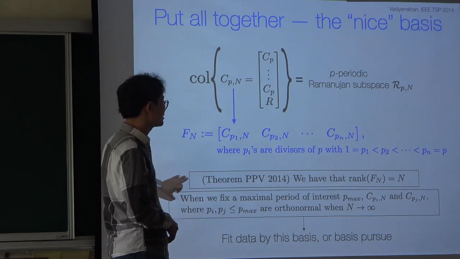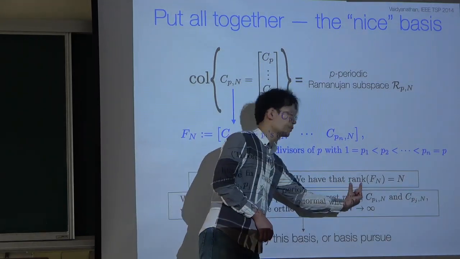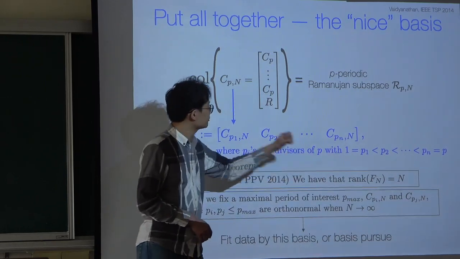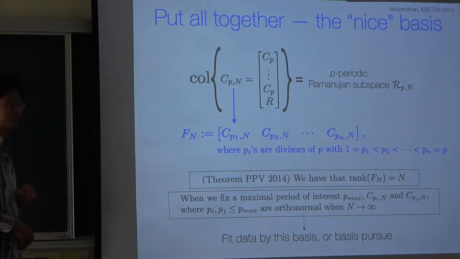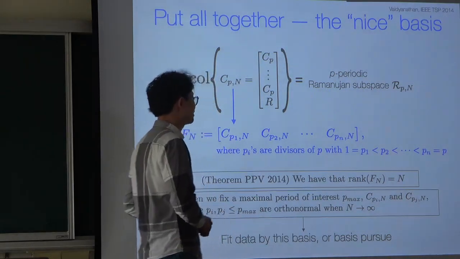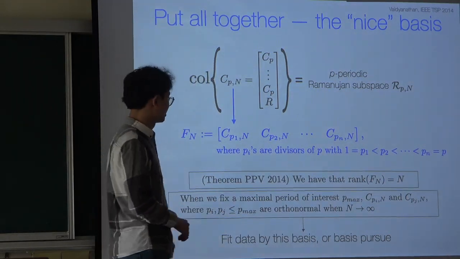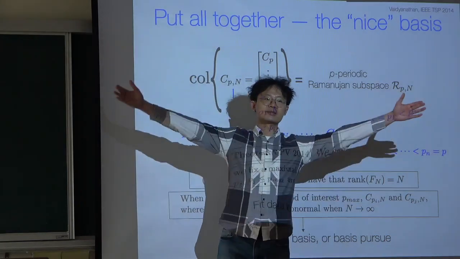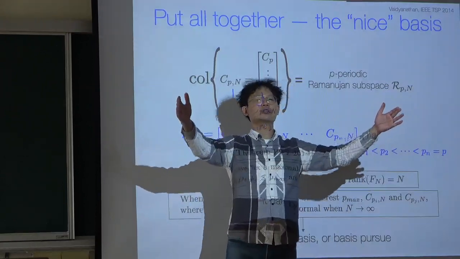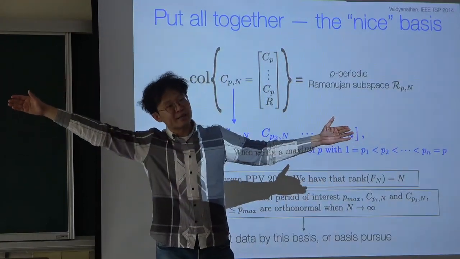The theorem says, very good, the rank of this big matrix F_N is actually capital N. When we fix a maximal period of interest called P max, that is the length of the period we are interested in, it is obviously shorter than capital N, the length of the signal.